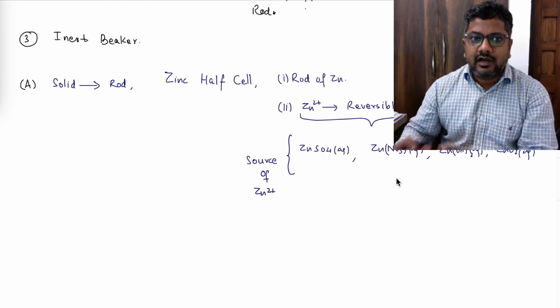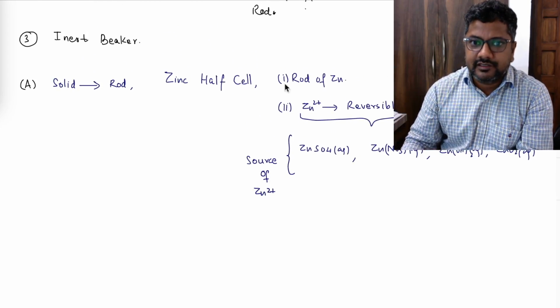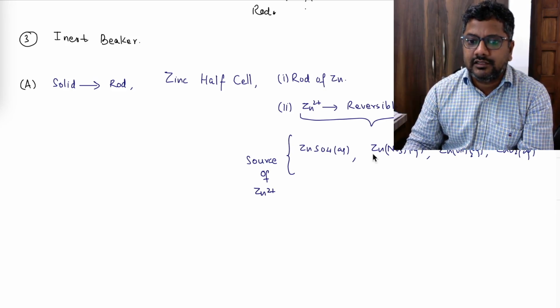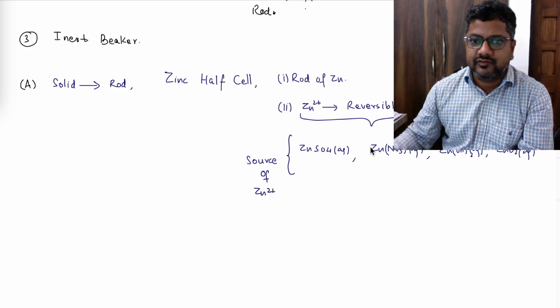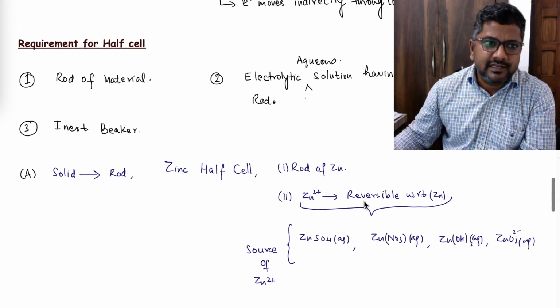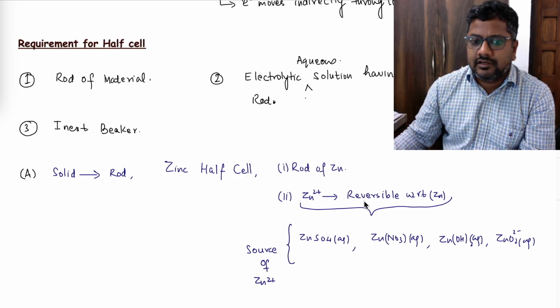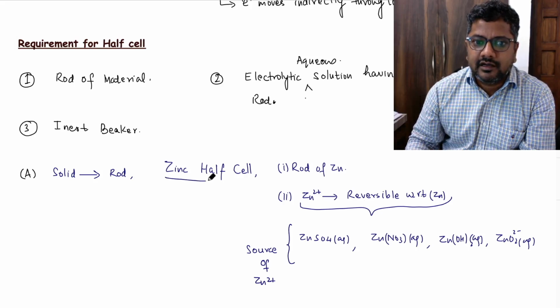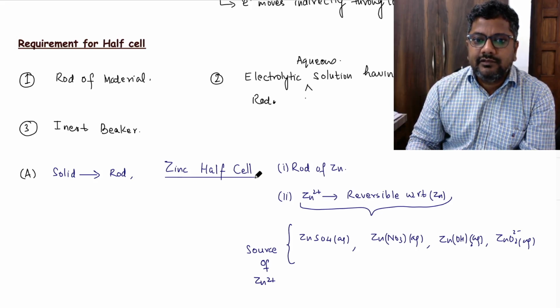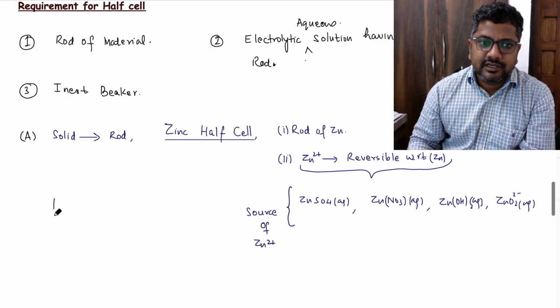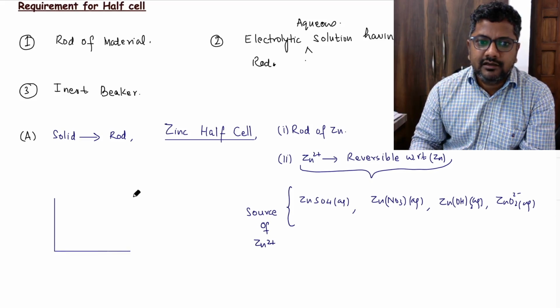How to represent this half cell? You have to put this zinc rod in any one of these solutions, or you can even take a mixture of electrolytes as well. That will not prevent you from making a half cell. Suppose that if you want to prepare a half cell, you should take an inert beaker.